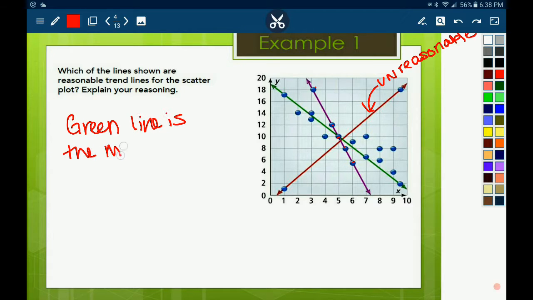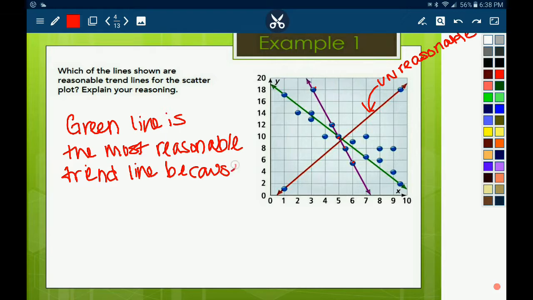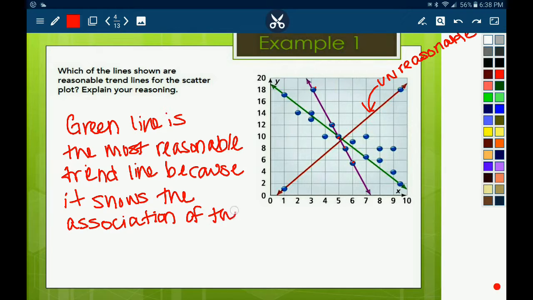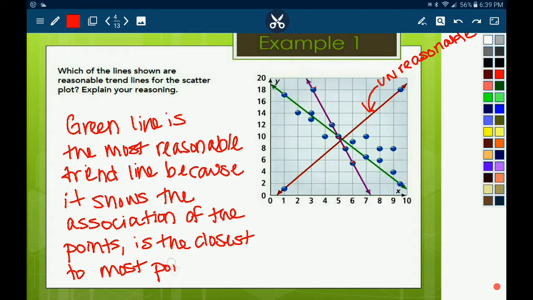So I would say the green line is the most reasonable trend line because it does say to explain, it shows the association of the points, is the closest to most of the points and has similar numbers above and below.